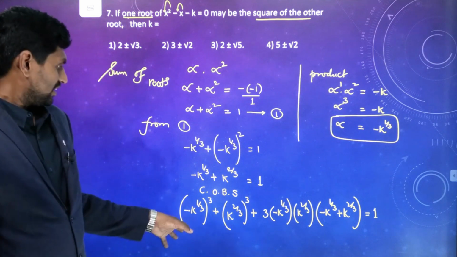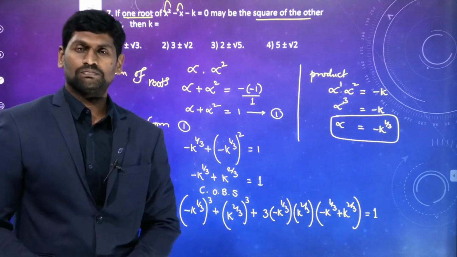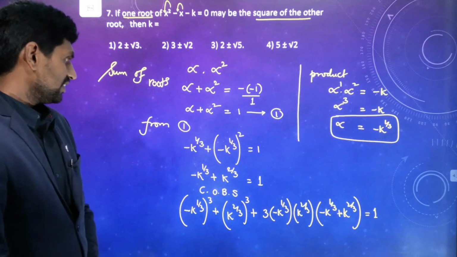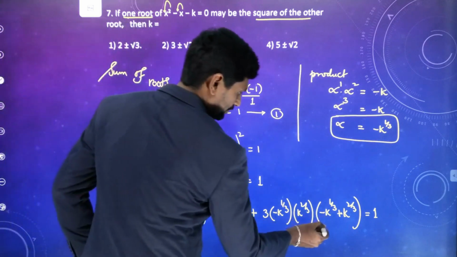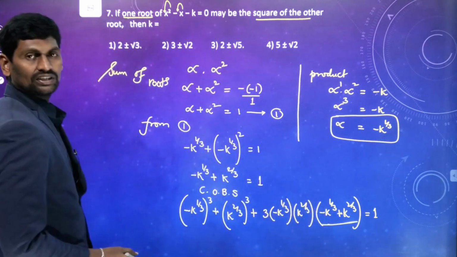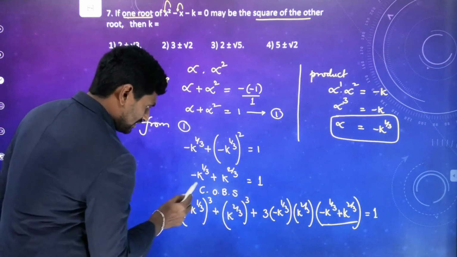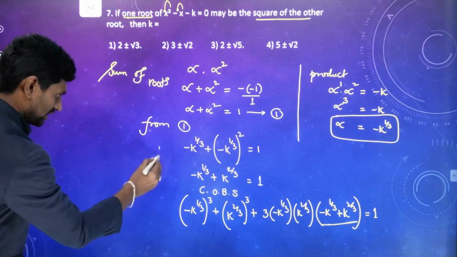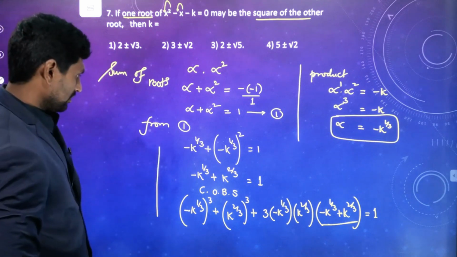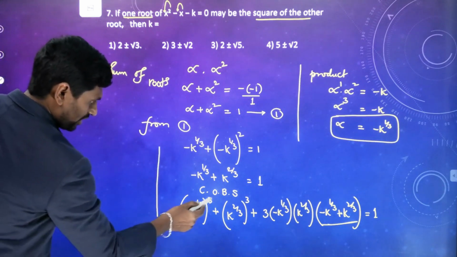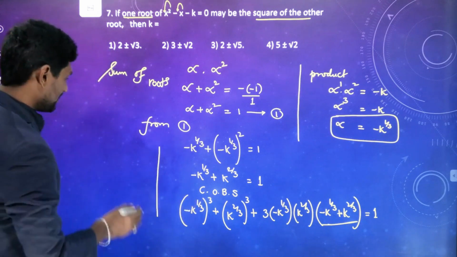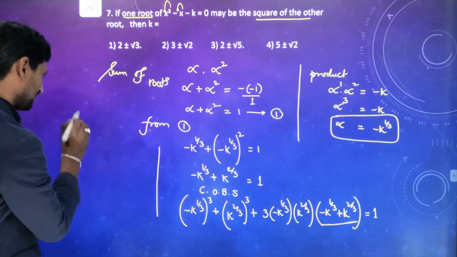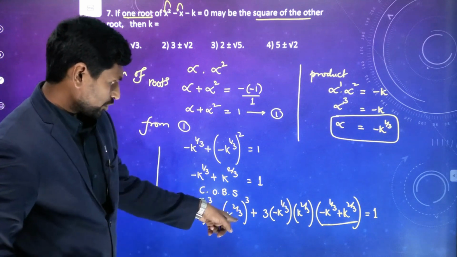We are taking the help of a plus b whole cube algebraic identity. Now in this place we can write answer 1 because of this. This one and this one is same now. In the place of that we can write it. Now the continuation I am writing here. So square cube and cube root cancel. Here will be minus k. Cube root will be cancelled.